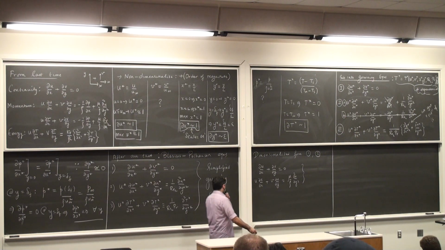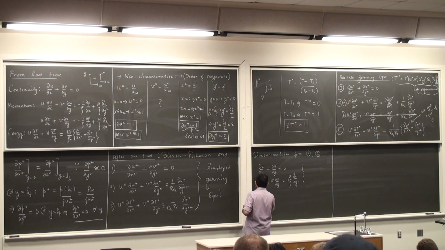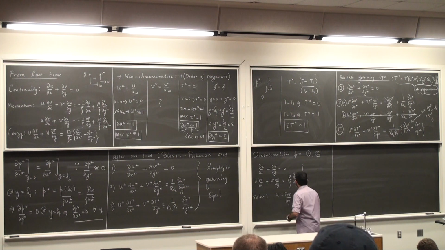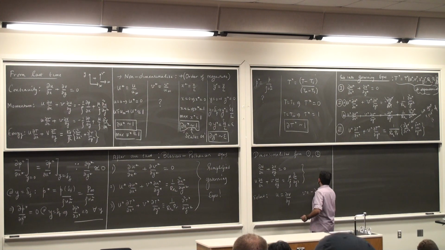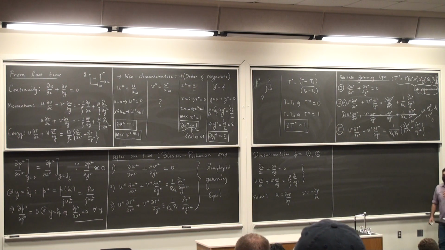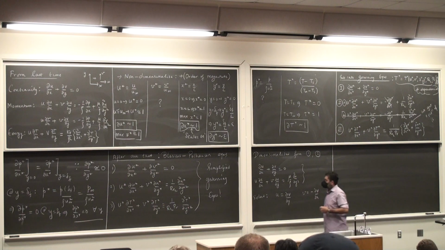So to do that, we select u is equal to d psi by dy, v is minus d psi by dx, where psi is some function. Psi is some unknown function.